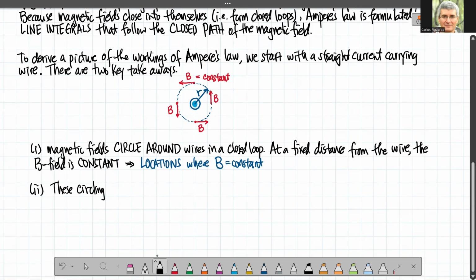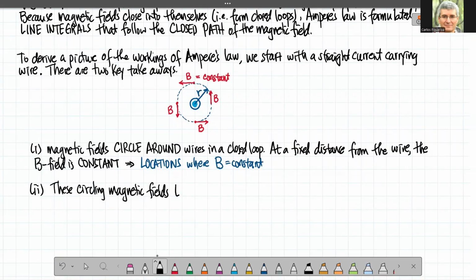circling magnetic fields enclose the current.